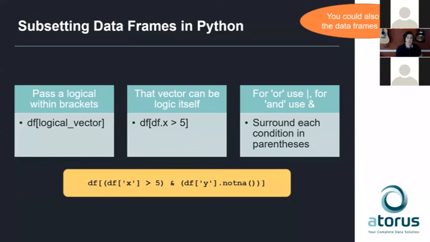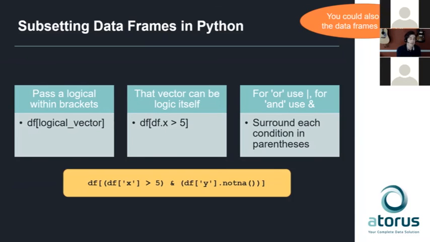So, subsetting data frames in Python. If you're familiar with the tidyverse in R, filter makes this really easy. There are a few different ways that you can do this. The first way is you can pass a logical vector.